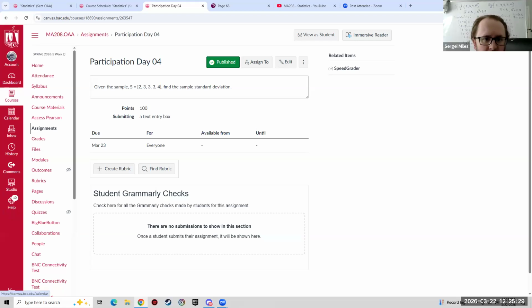So our answer for today, the standard deviation, lowercase s, is equal to 0.71. You can type that in, hit enter, and you will have your answer for participation day 4.